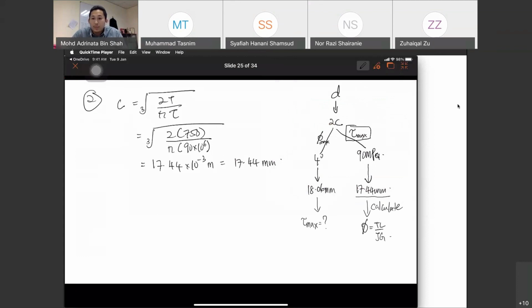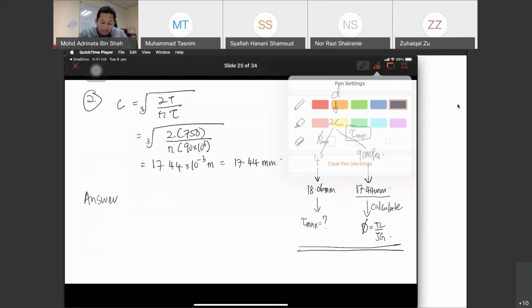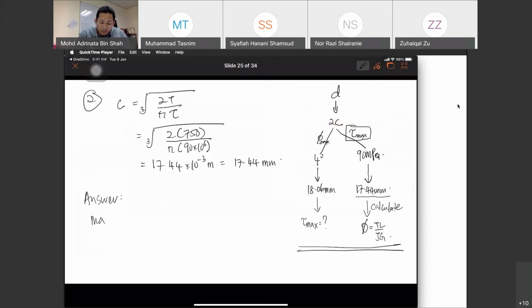Okay, daripada ni nanti you akan dapat jawapan kenapa. Cari dulu kenapa. So the answer is 18.06 times 2, maximum diameter sama dengan 2C.